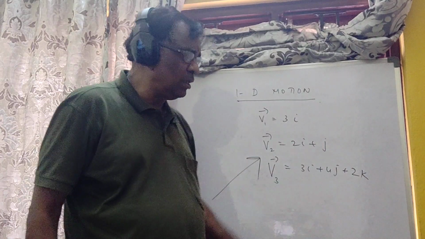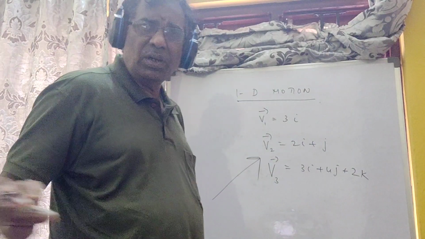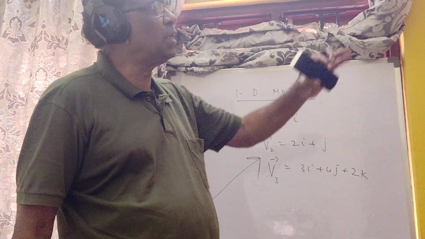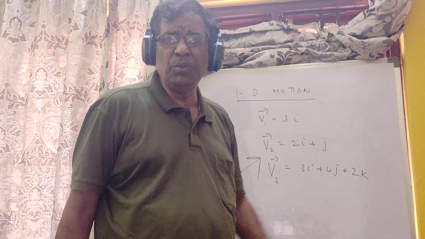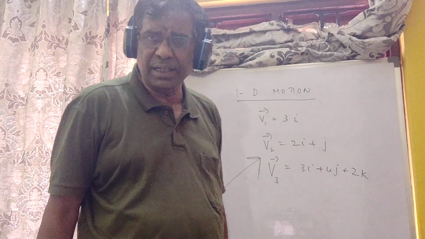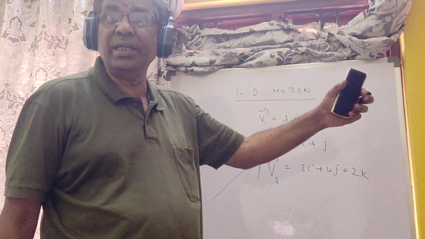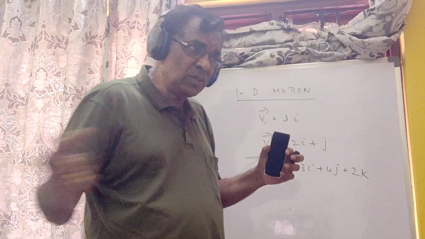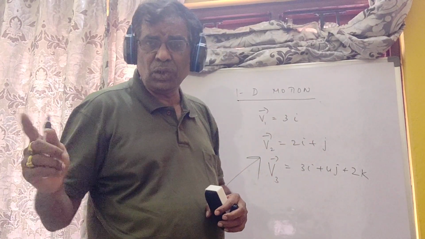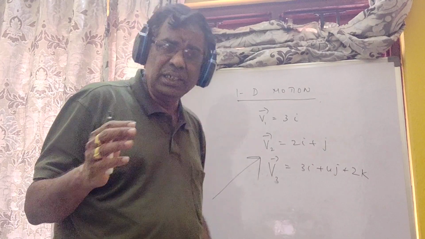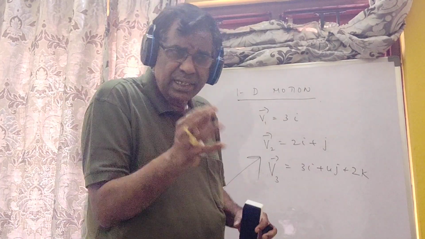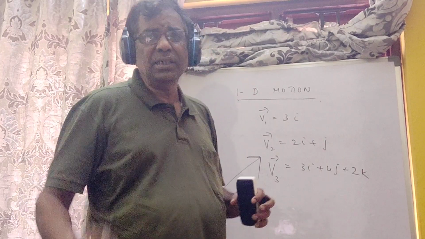In a similar way, you take a room, from one bottommost corner of the room, if a particle is going to the topmost diagonally opposite corner, then that could be a straight line motion. But what is the velocity that you give there in terms of i, j, k all put together? Therefore, i, j, k is not going to determine the dimension.